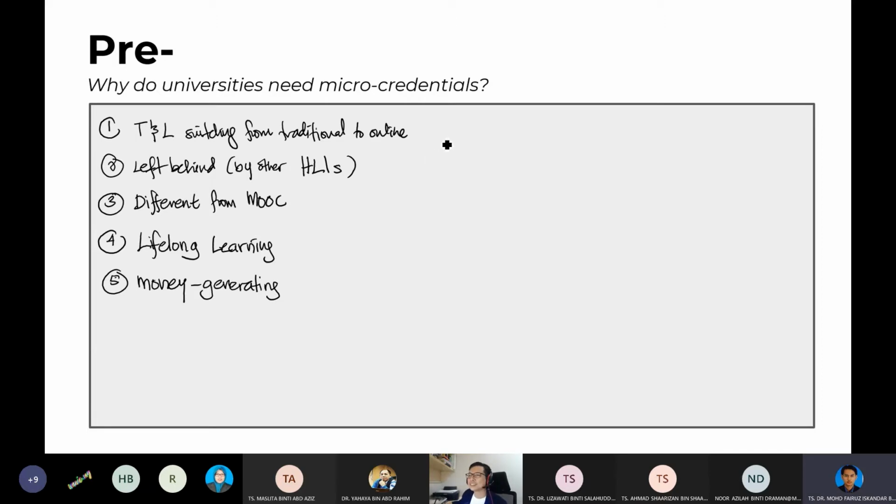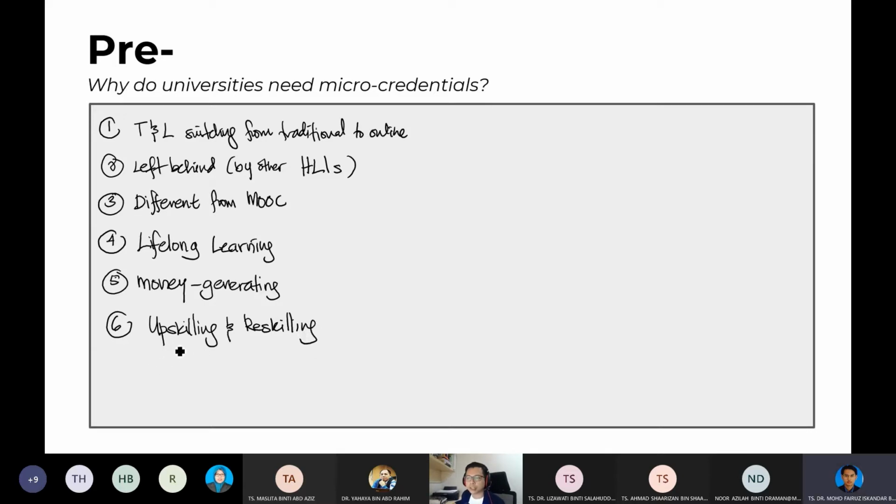I'll add one more. Okay, go ahead. So we are upskilling and reskilling, all of that. We just want to add things that we want only, not having to go through the whole system.